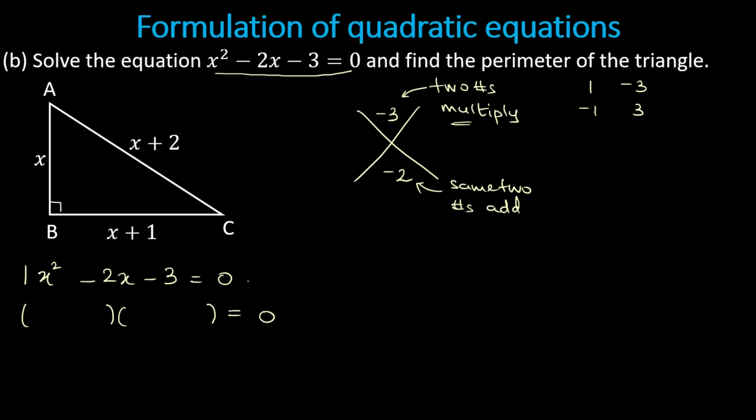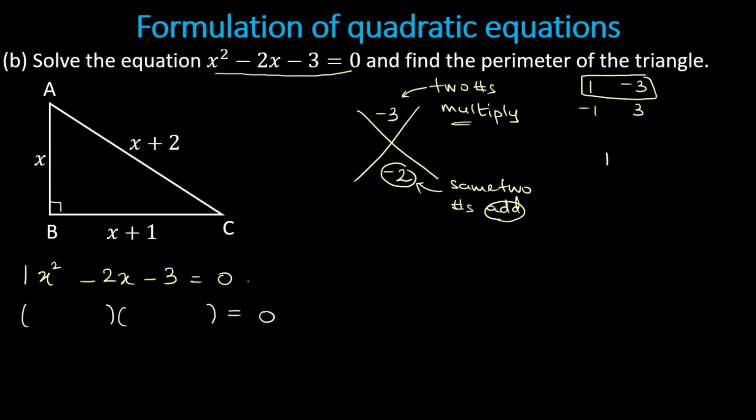Do we have other possibilities? No. So is it the first one? When we add the 2 numbers, we must get negative 2. Is it the first possibility? 1 when you add with negative 3, do we obtain negative 2?